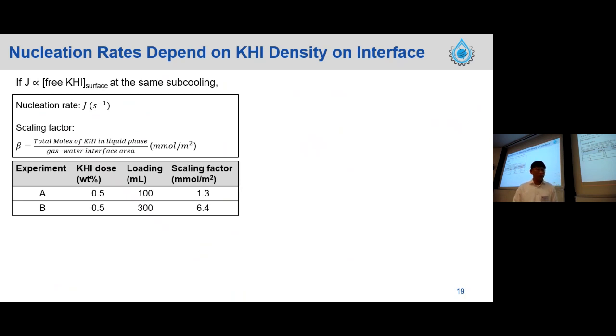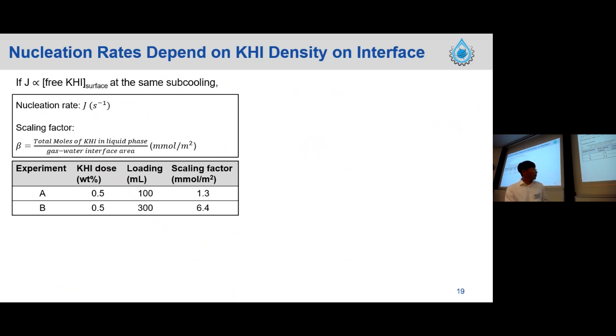So I'd like to define the nucleation rate NJ as always, and define this scaling factor beta as the ratio between total moles of KHI in the liquid phase over the gas-water interface area. Here I picked two experiment cases, A and B, which are both at 0.5% KHI concentration. They have different liquid loadings, 100 ml and 300 ml, and their scaling factors are 1.3 and 6.4 respectively.